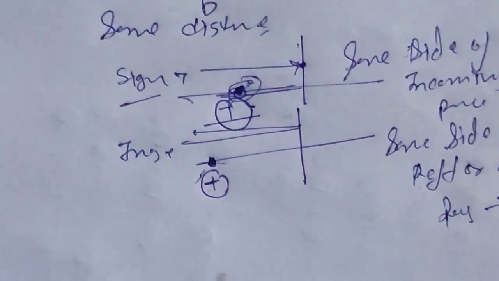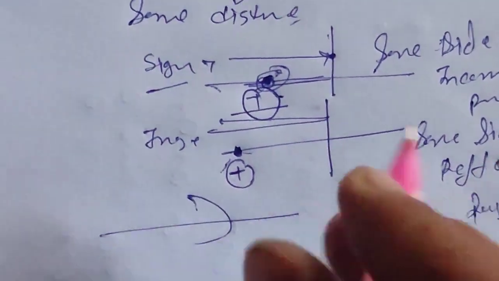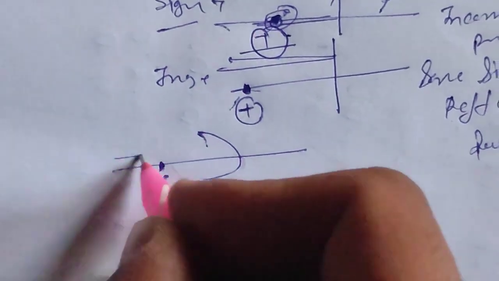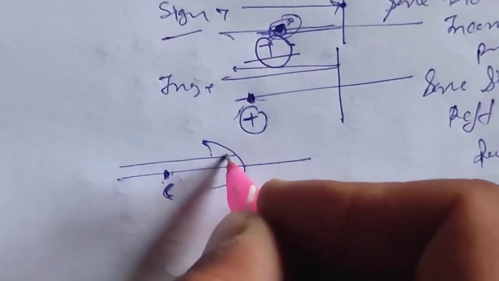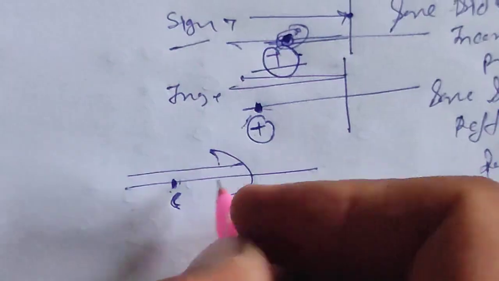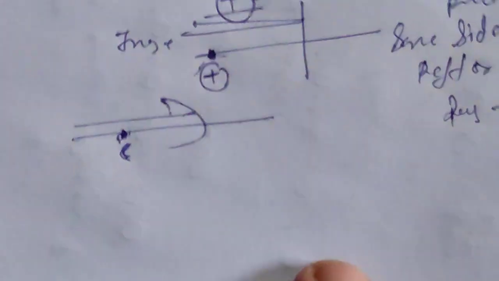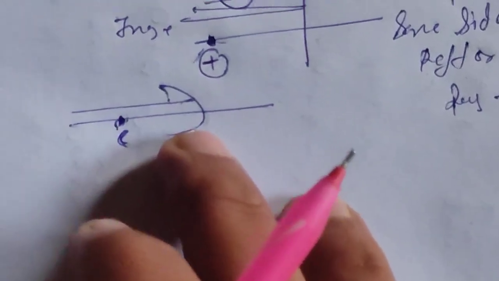Now for a spherical surface, we talk about the center of curvature of concave and convex mirrors.